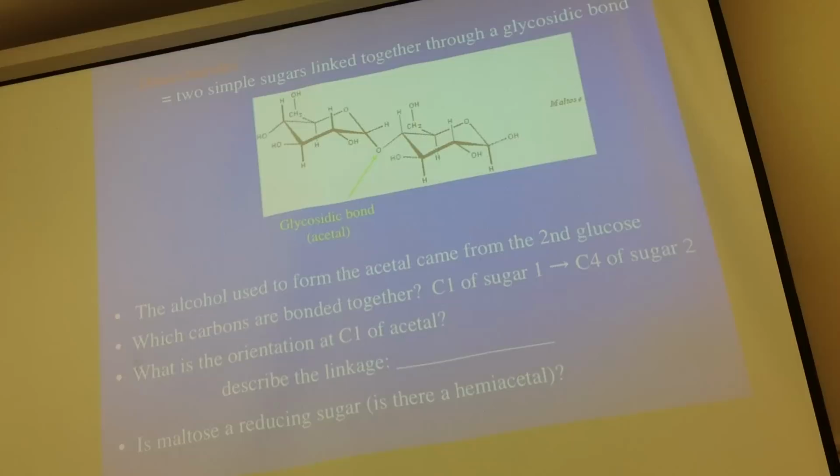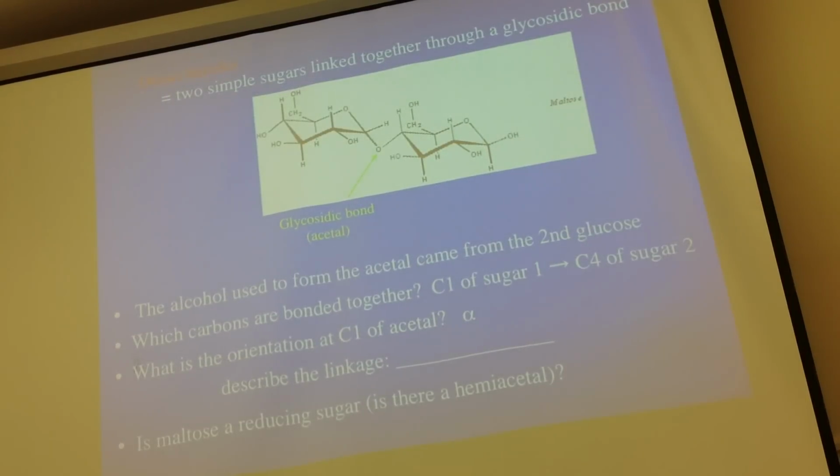Those are the two carbons that are connected. Then I have to describe, okay, is this linkage here, with respect to the first sugar, is it alpha or is it beta? It's pointed down, right? So I know that my anomeric carbon, my glycoside, is pointed down, so it's alpha.